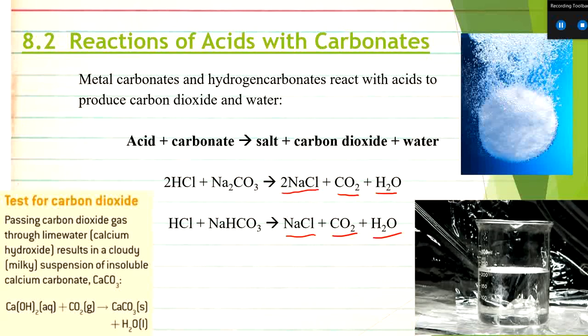So if you were to take this reaction down here, attach a tube to it, collect the carbon dioxide gas and send it into a solution like this containing calcium hydroxide, you would see a solid start to form, solid calcium carbonate that is insoluble in water.